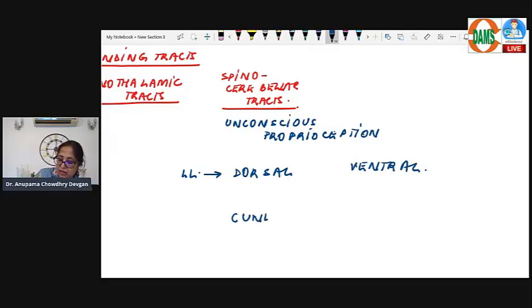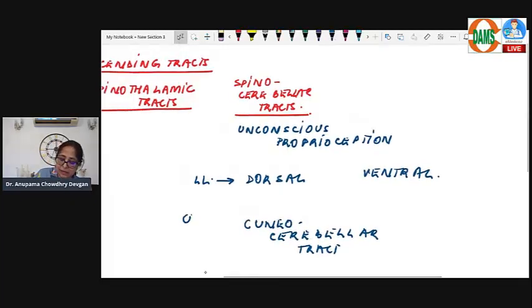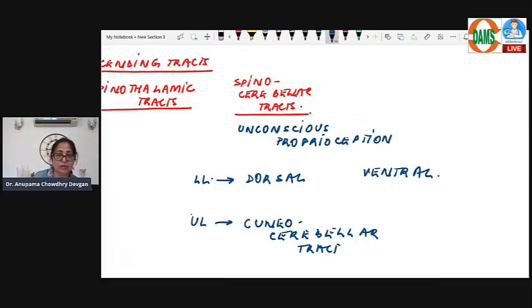You have the cuneo-cerebellar tract, which is from the upper limb, right? This is similar to the dorsal spinocerebellar tract.